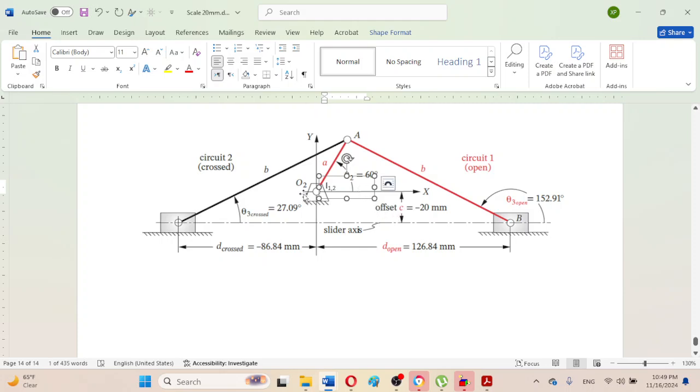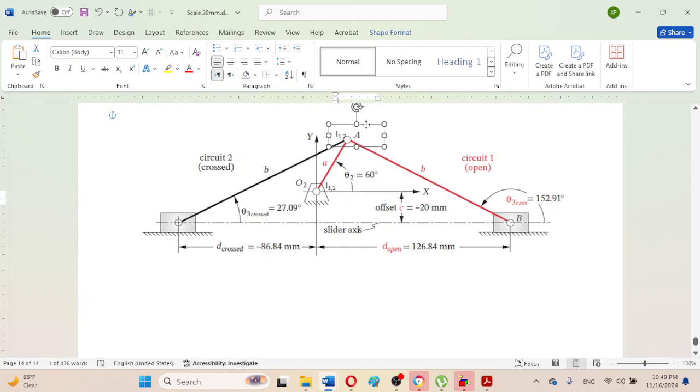This crank is a grounded revolute because this is link number 2 and this whole ground is link number 1. So this is the permanent instant center I1 comma 2.